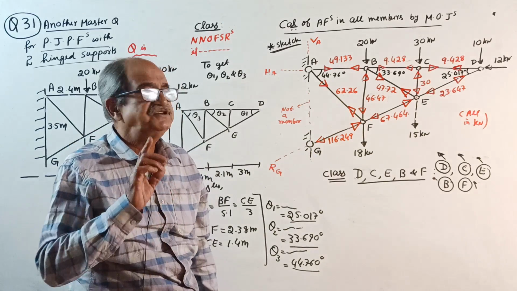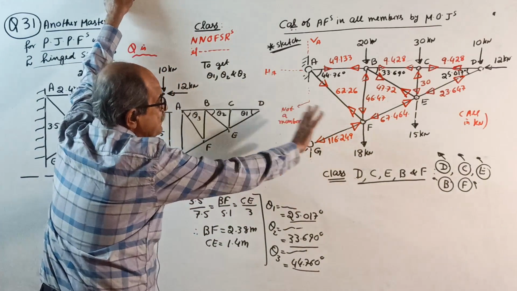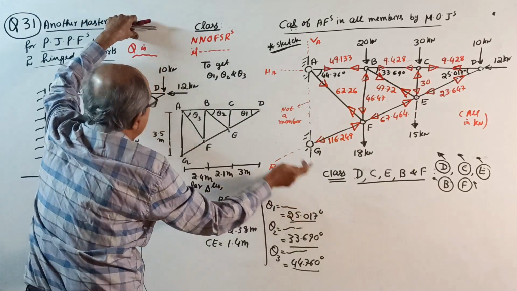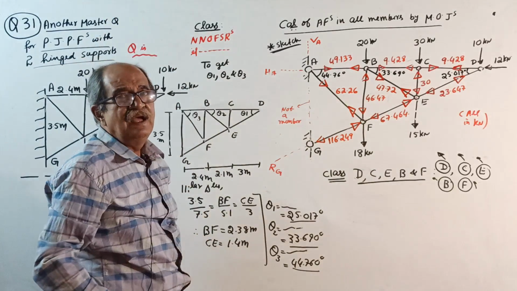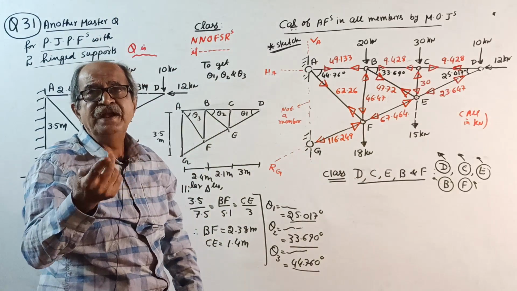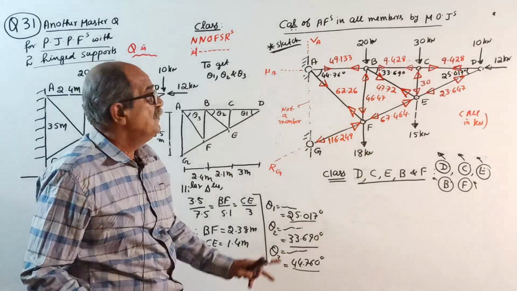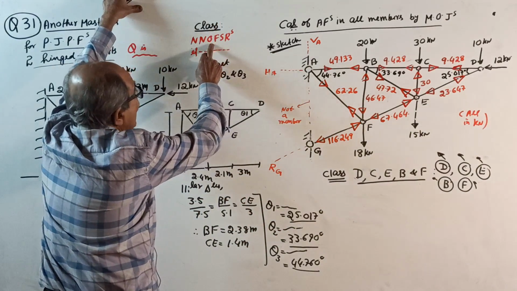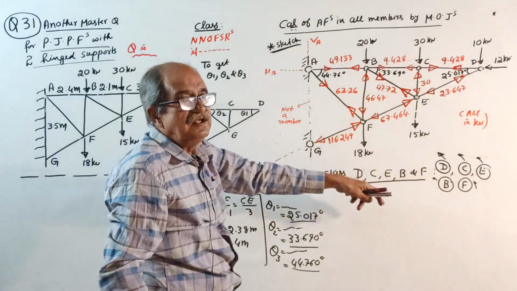Suppose the question says, find axial forces in all the members and also find reactions at supports. Remember, to find the axial force in a member, reactions are not required. You know it now.